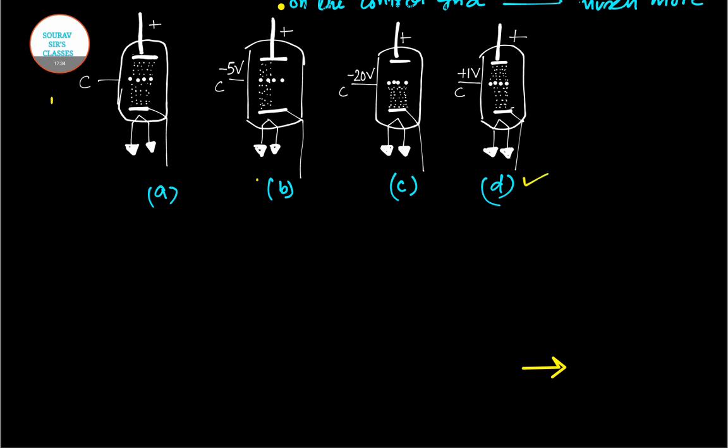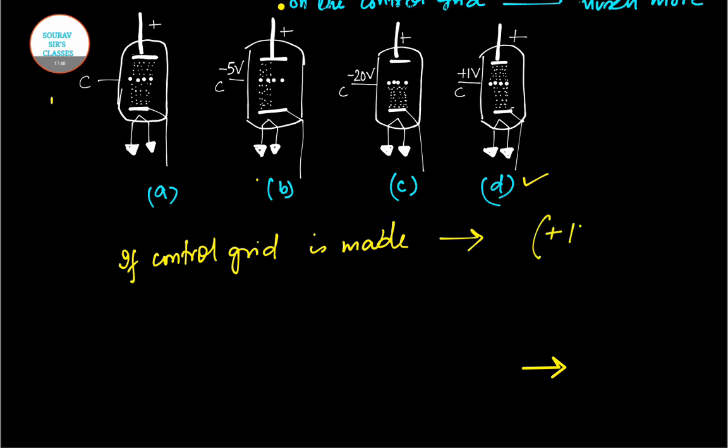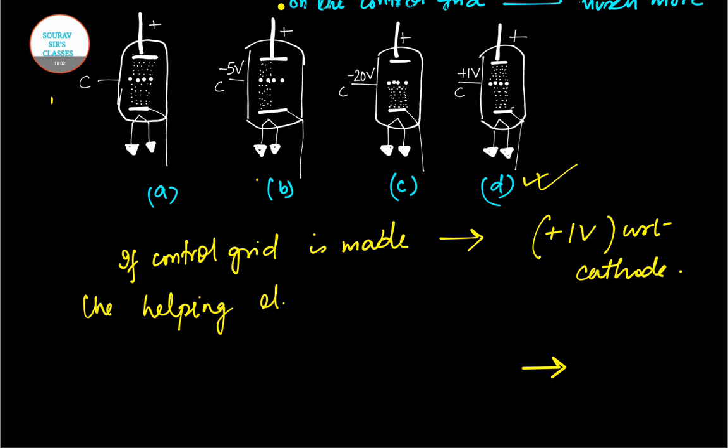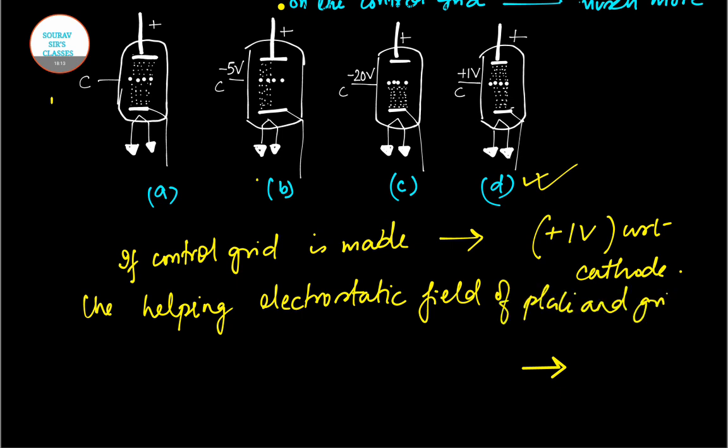Now we talk about part D. So if the control grid is made just slightly positive, say plus 1 volt with respect to cathode, as demonstrated here, the helping electrostatic fields of plate and grid will accelerate the electrons towards the plate.